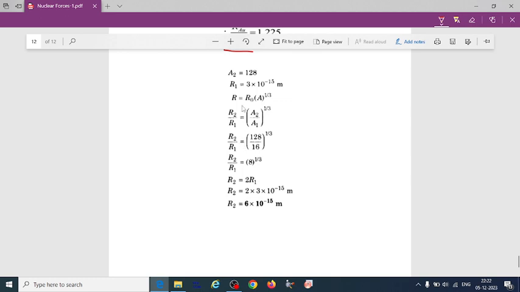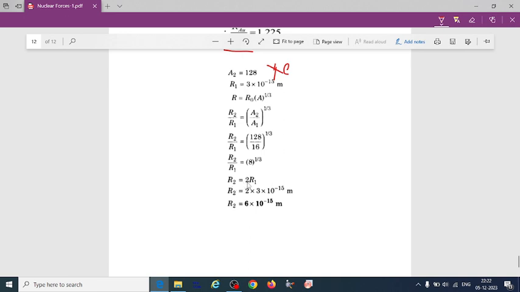Next example. For example, the mass number A2 is 128, that is for xenon. And for oxygen they have given 16. For the ratio, you have to take R2 by R1, A2 by A1. 128 by 16, how much? 8 you will get. Cube root of 8 is what? 2.